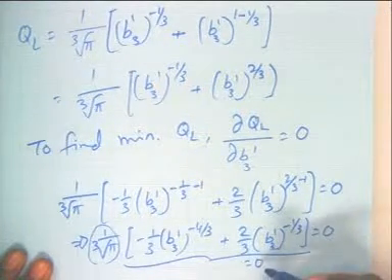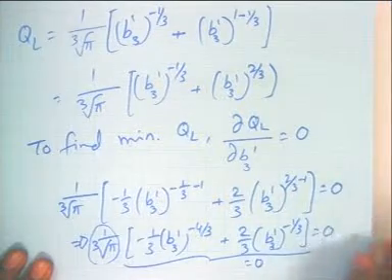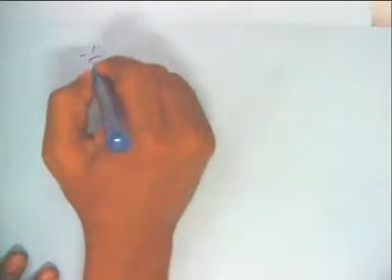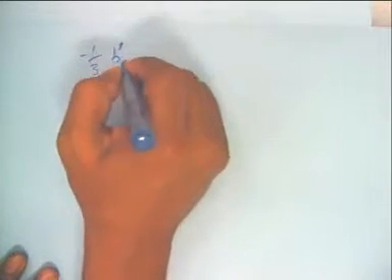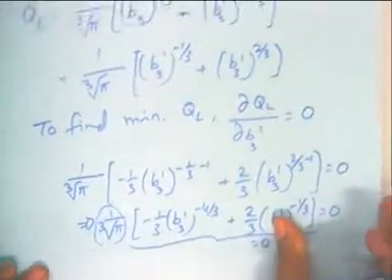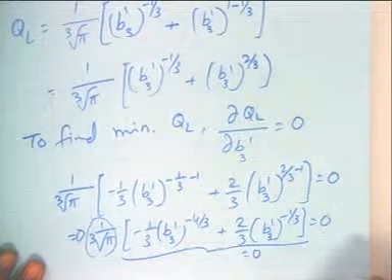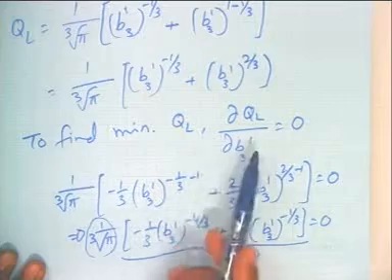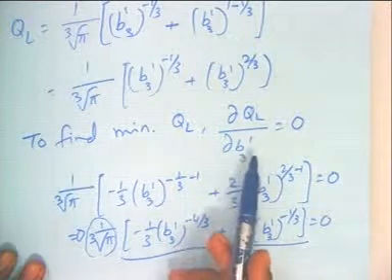Okay. So, now from here we can very easily see that minus 1/3 of B3 prime. So, I am just doing the differentiation with respect to B3 prime.